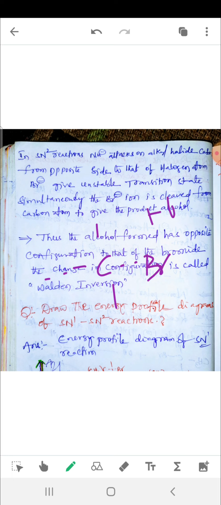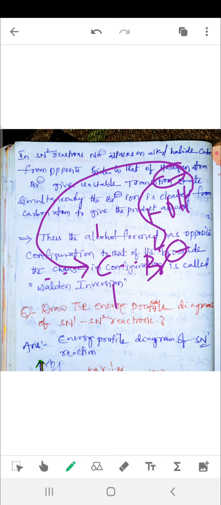An incoming nucleophile attaching at this position would cause repulsion. That's why the OH comes from the backside, so the Walden inversion compound is formed. That point you have to remember.